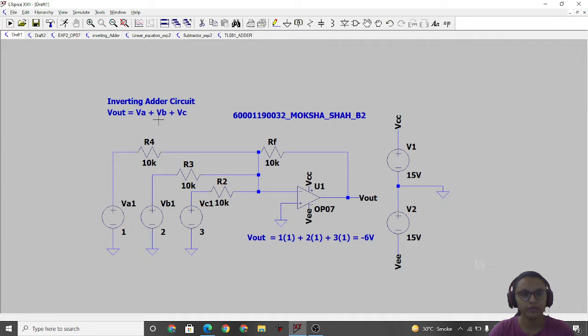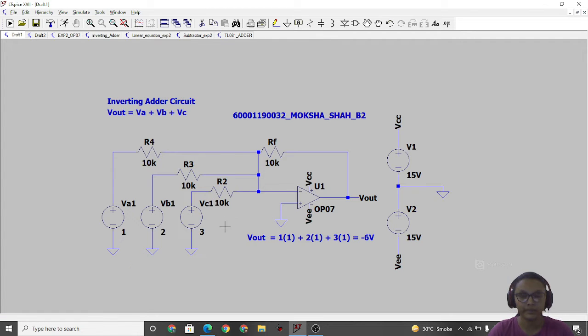Why? Because in the equation the coefficients are 1, 1 and 1 for VA, VB and VC. The gain formula for the inverting is minus RF by RI. So here it will be minus 1, minus 1, minus 1, since 10 divided by 10 is 1.